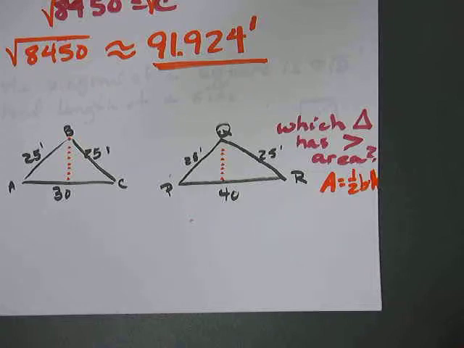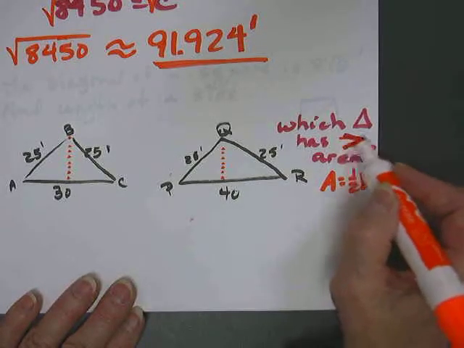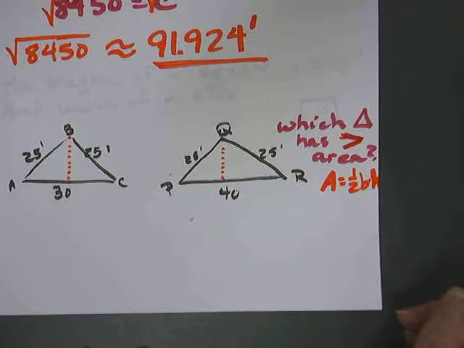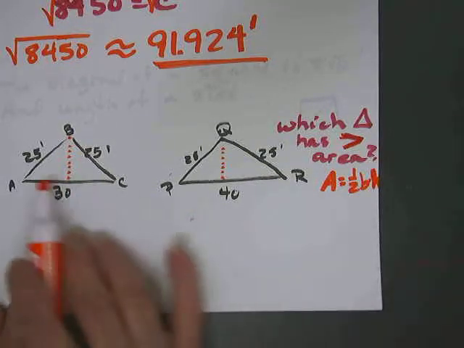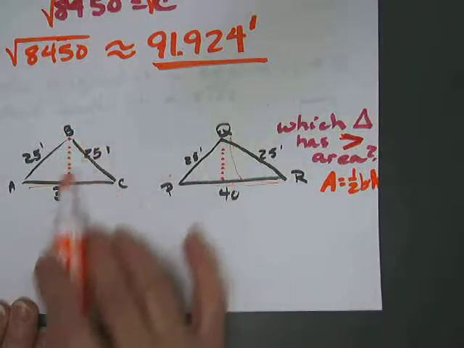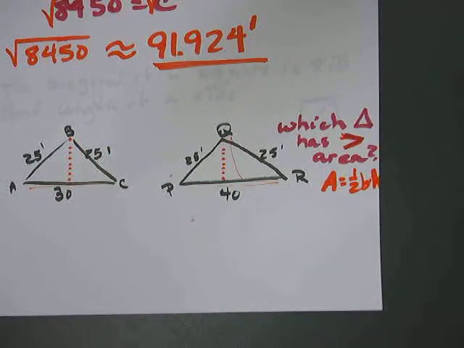We have a base, we don't have a height. Which one has a larger area? They use the greater sign for larger. So we don't have the heights, do we?